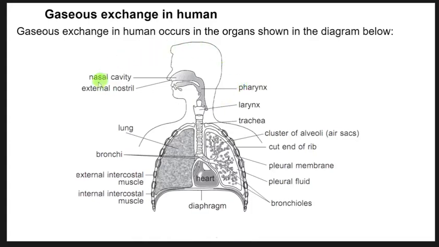So we have the nasal cavity, the external nostrils, the pharynx, the larynx, the trachea, the lung, the bronchi, the bronchioles, the pleural membranes, the external intercostal muscles, the internal intercostal muscles and the diaphragm.